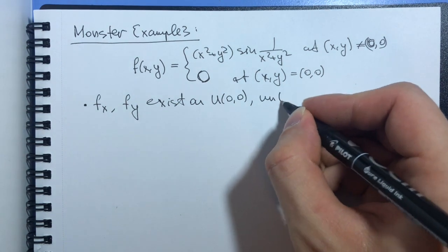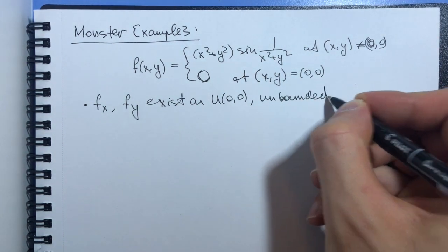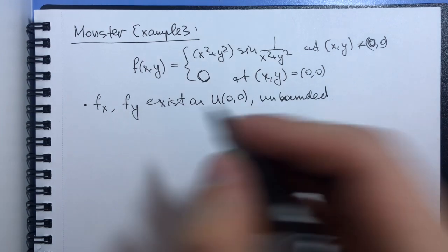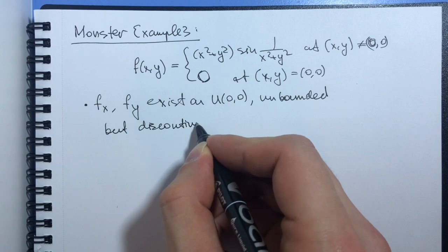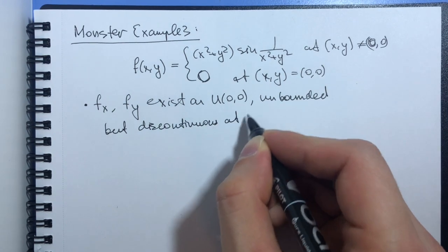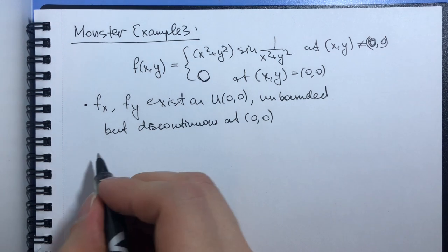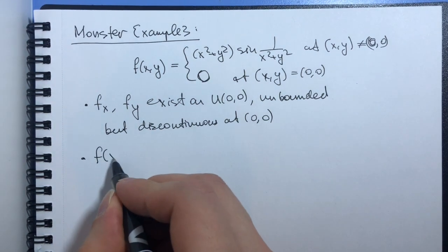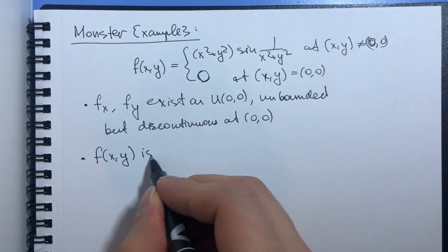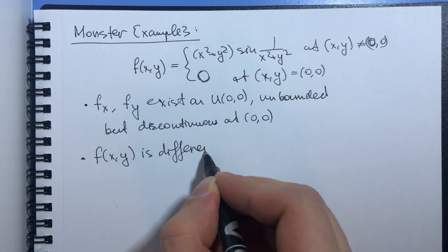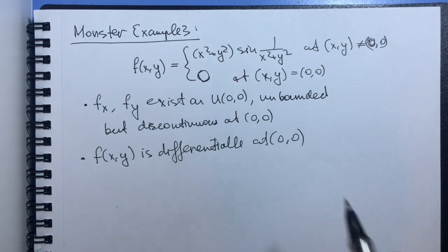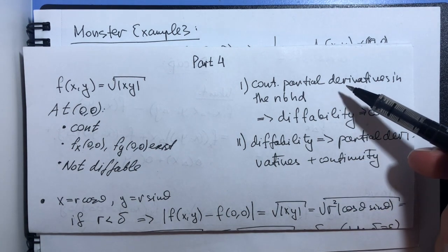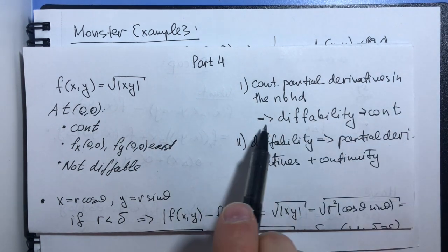They are unbounded, but discontinuous at this point. Nevertheless, f of x, y is differentiable at 0, 0. So again, this does not contradict our theorem, because in this theorem, implication goes only one way.